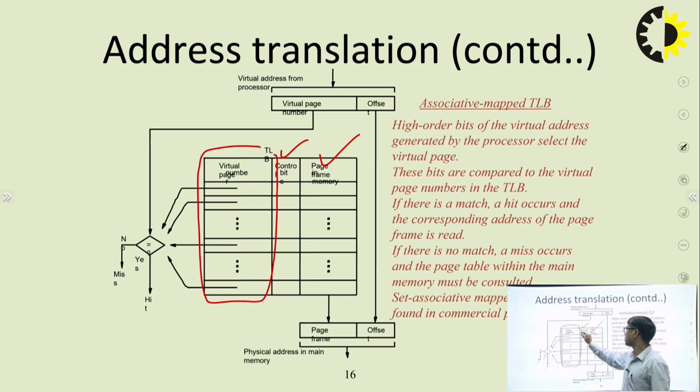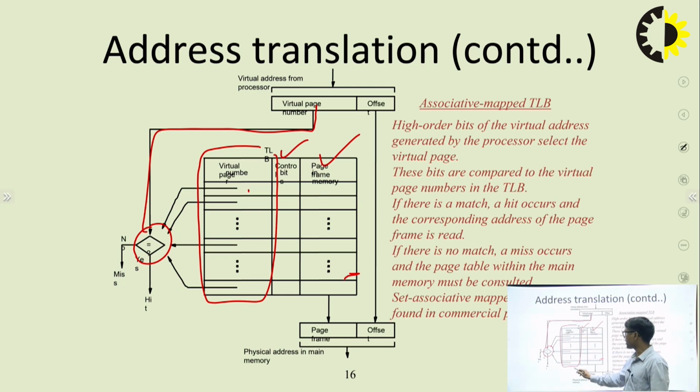Why? Because we do not go to the page table to read the virtual page number, since that would create extra work. And the beautiful thing is that the virtual page number is compared with the generated virtual page number using associative comparison. So in one go, it will easily find whether the virtual page is available in the TLB.